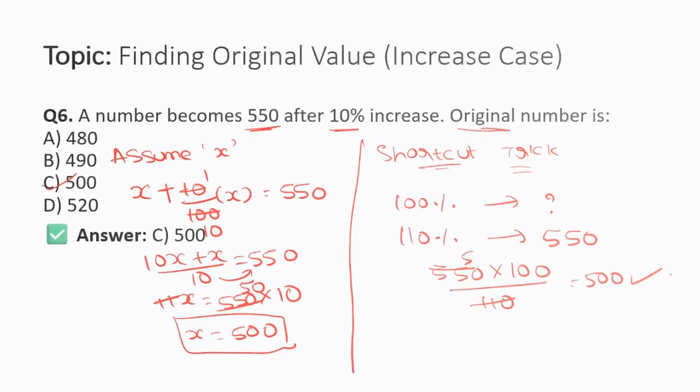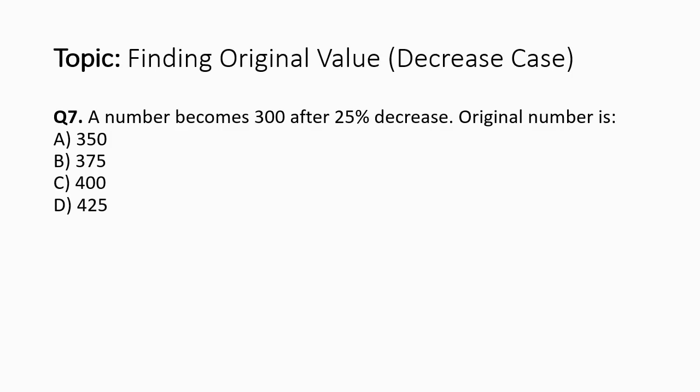Next, finding the original value in the case of decrease. In the last question we checked the increase case, now the decrease case. Same way, a number becomes 300 after a 25% decrease. What is the original number? Let's assume the original number is x. Because it has been decreased, we use a negative sign: x minus 25% of x equals 300.